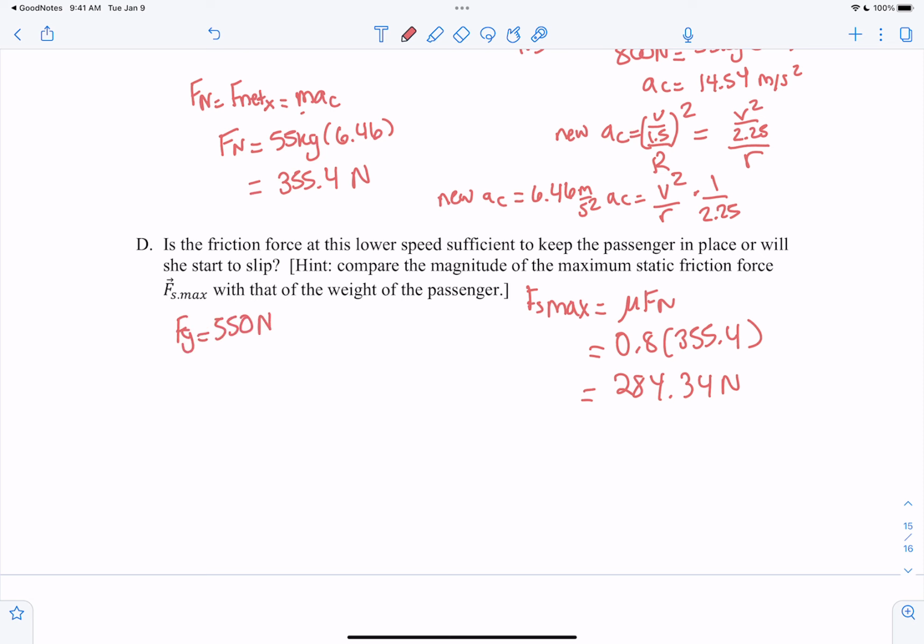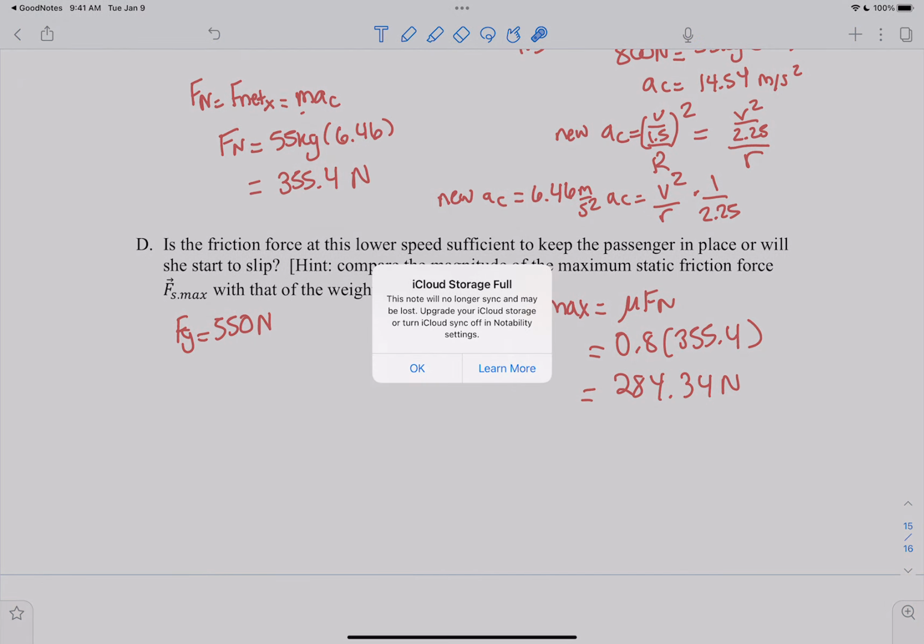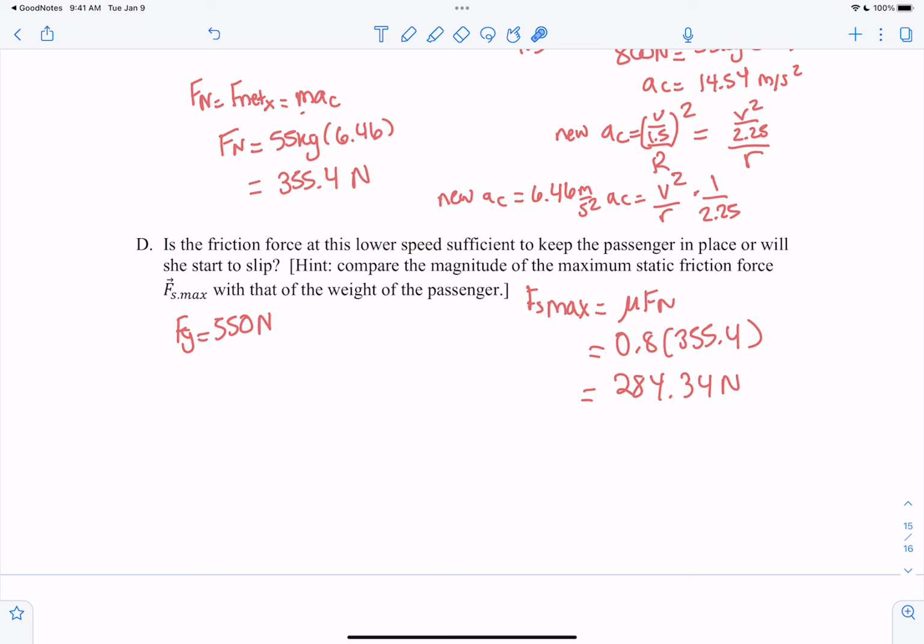That was given to us before, right? So the reason why they want us to compare maximum static friction force to gravity in this case is we're observing what's going on at this lower speed. So at this lower speed, let's say we want to see if they're going to slip or not.